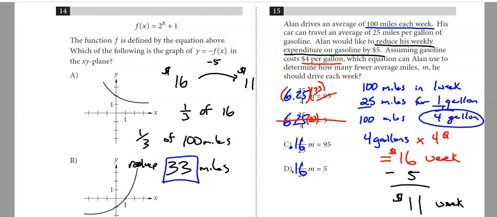Now, if I do 0.16 times 33, well, that's going to make it smaller, so it's definitely not going to be 95. And I think this one, 0.16 times 33, 16% of 33, 5, that sounds pretty good. So just using some estimation, I believe the correct answer is D.